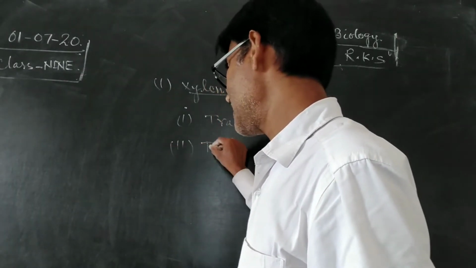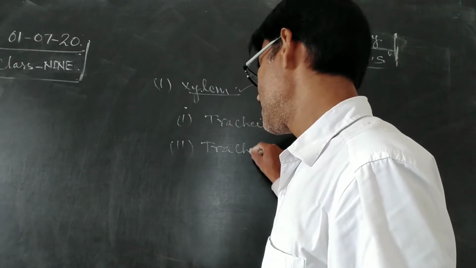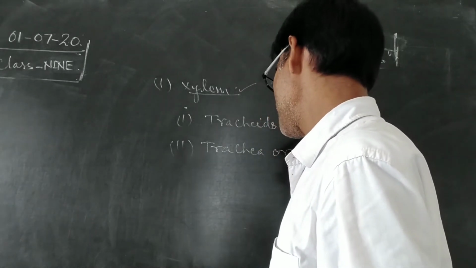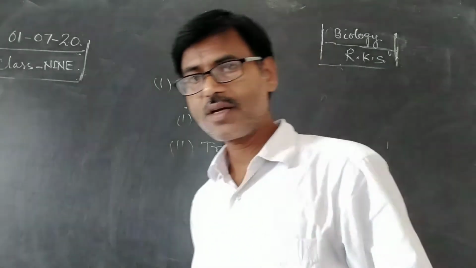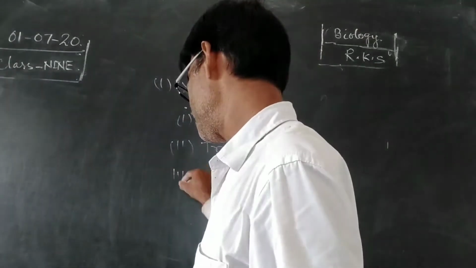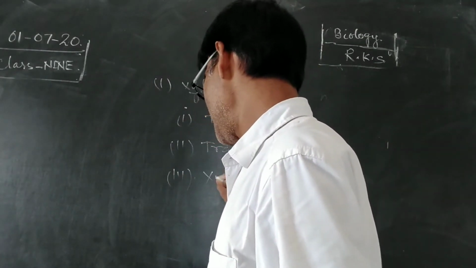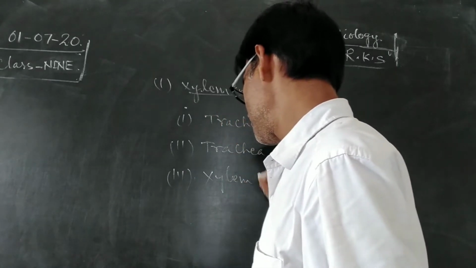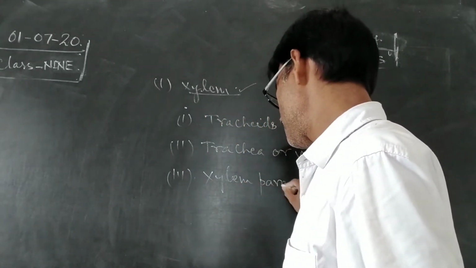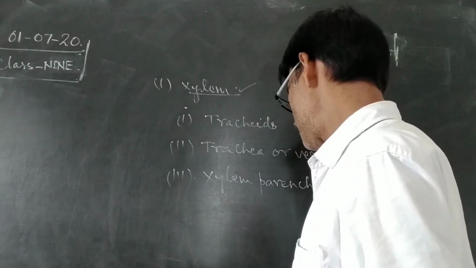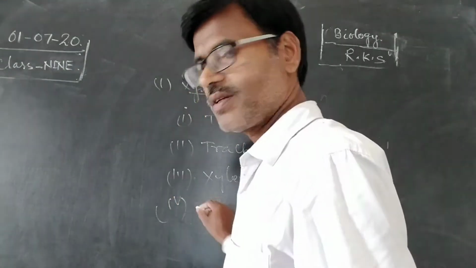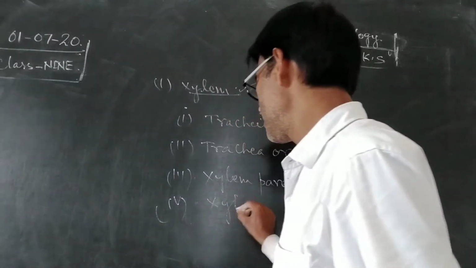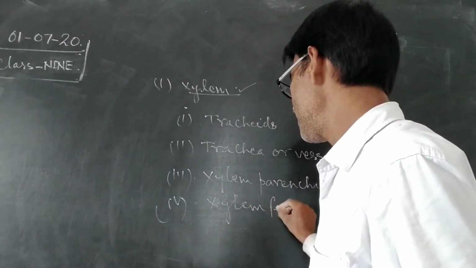Second, trachea or vessels. Third, xylem parenchyma. And fourth, xylem fibers.